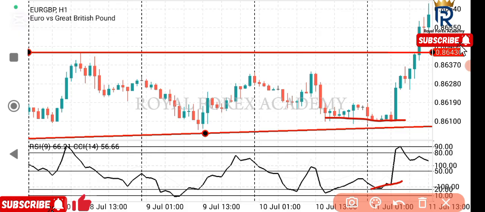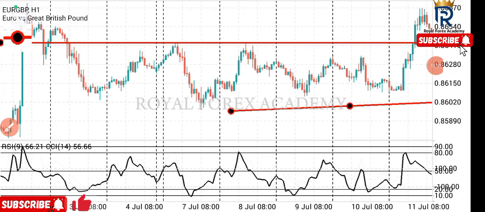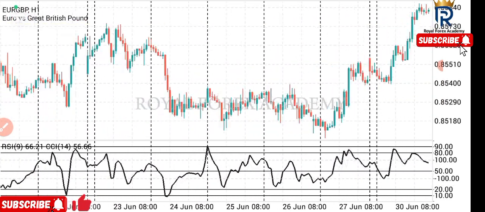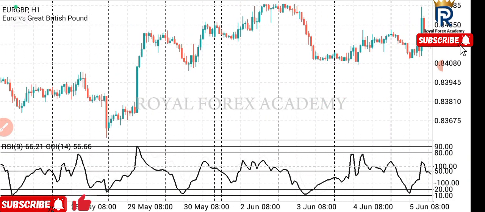That is a divergence. And look at the candle, and then price takes off from the level of support. So you are not trading in isolation. You are combining price action with your technical tool. So this is the best way to take advantage of this, and I believe you have learned something new.